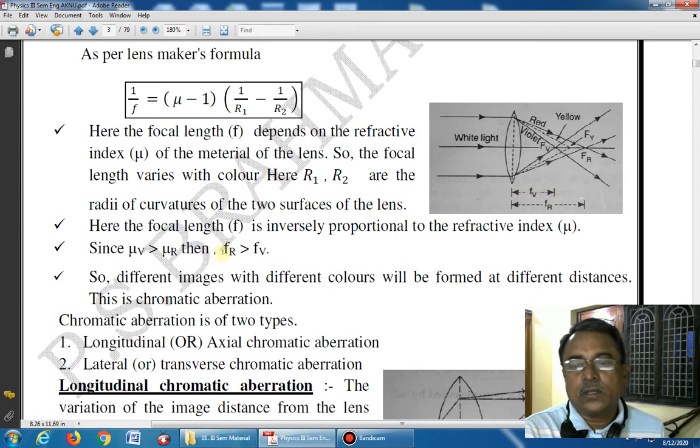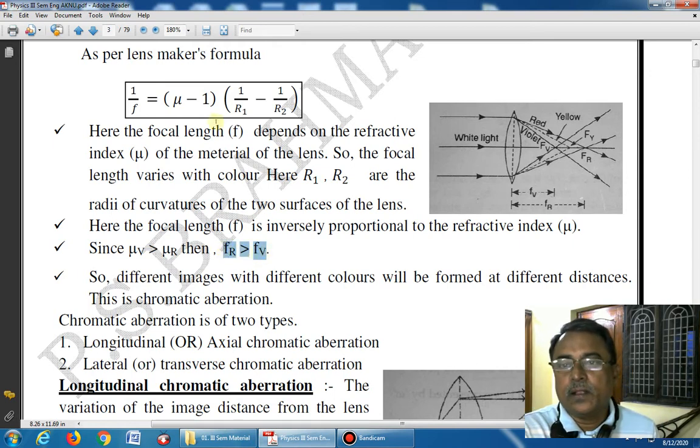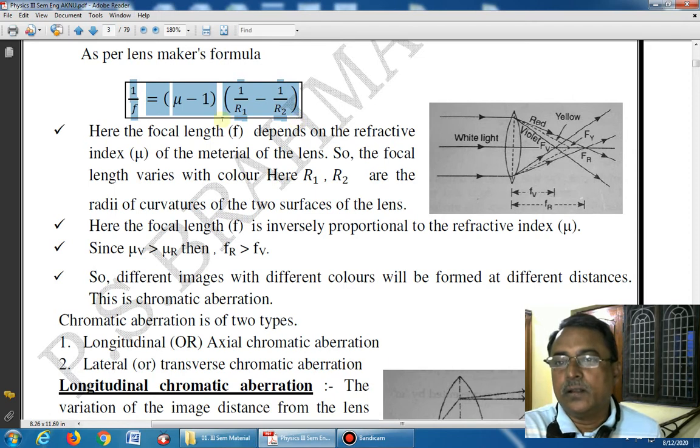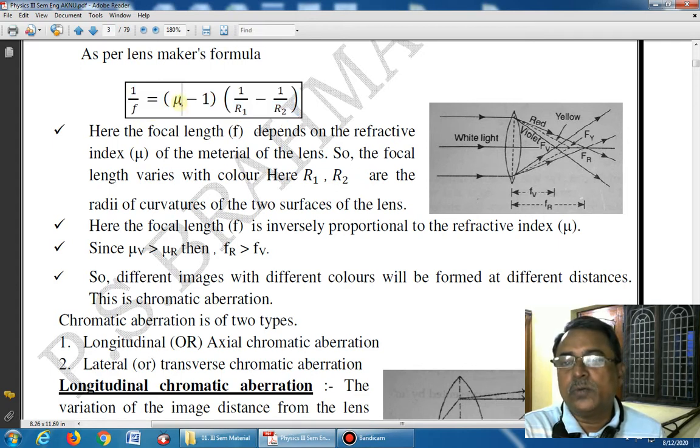So, coming to this one, fr is greater than fv, and coming to the equation, that is the lens maker's formula, f is in the denominator and mu is in the numerator, and because of that these two are inversely proportional.